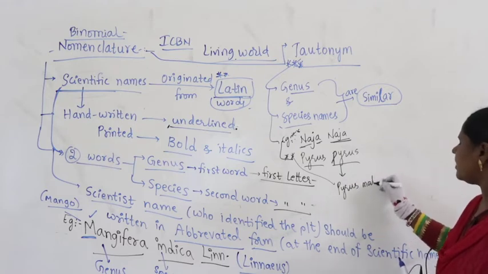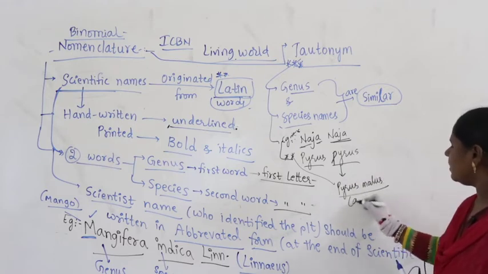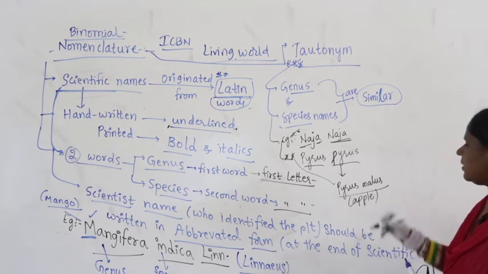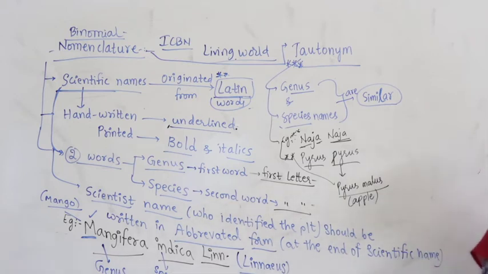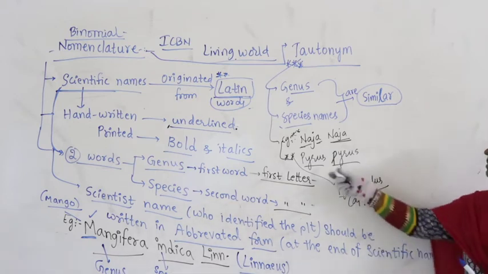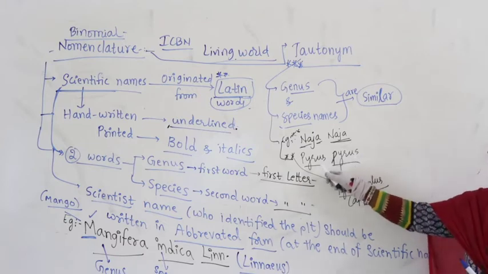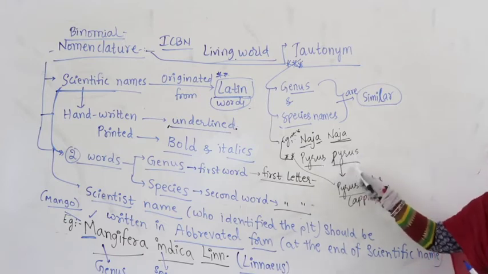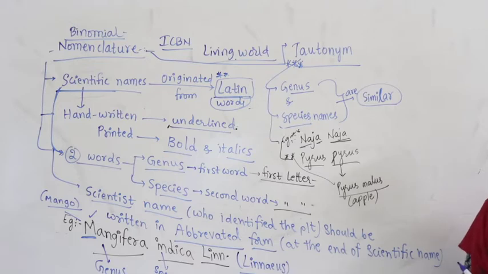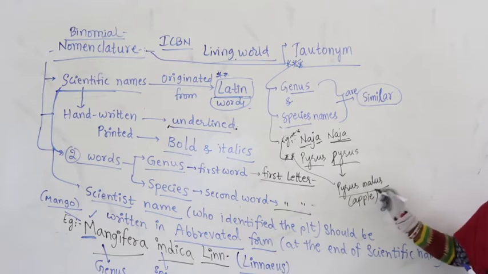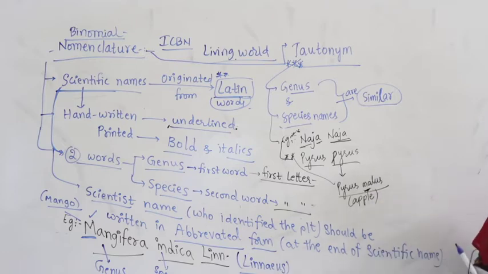What is Pyrus malus? You all know it very well. This is nothing but apple. That was called tautonym, but later it changed into Pyrus malus, which is the scientific name for apple.